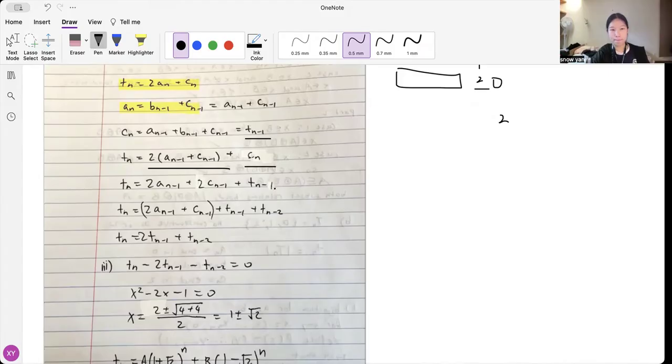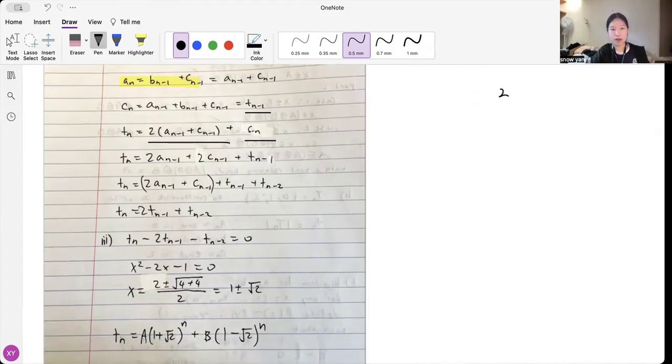Then I would have Tn is equal to this thing. I just expanded it out, replaced Cn with Tn minus 1, expanded this thing out, 2 in each one. I just group the An minus 1 plus Cn minus 1, and I have Tn minus 1, Tn minus 2.